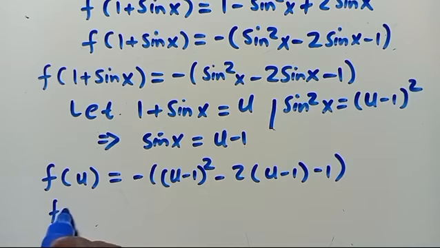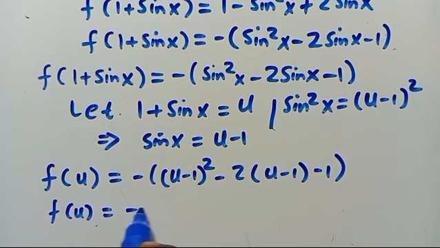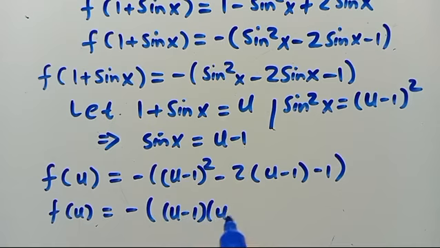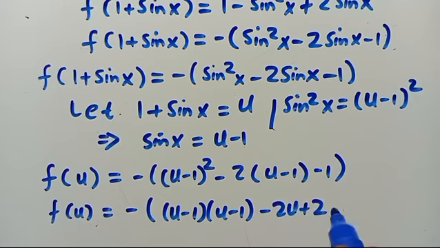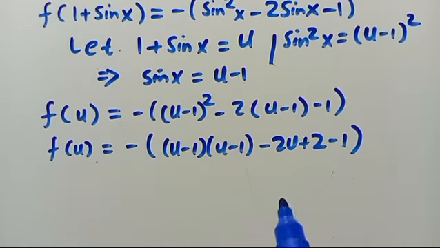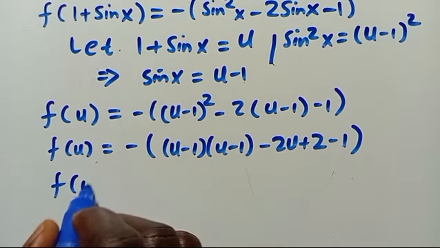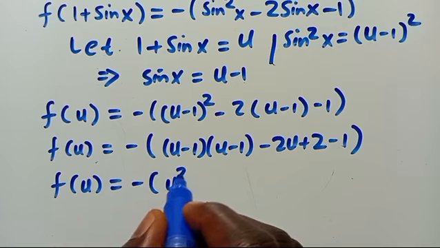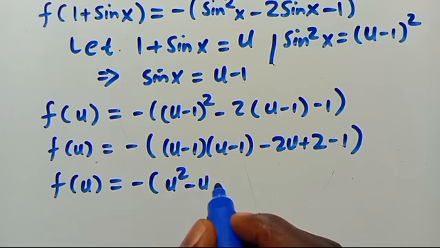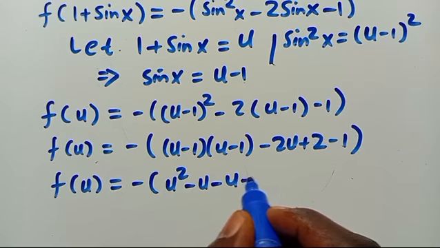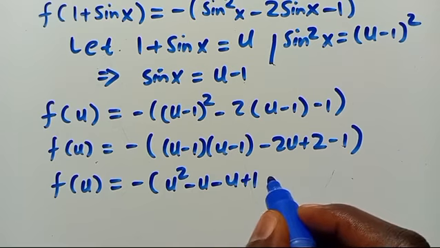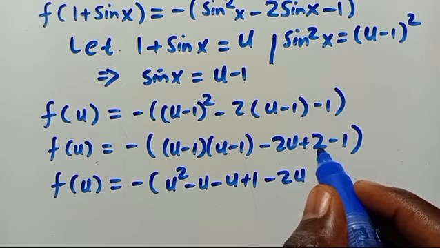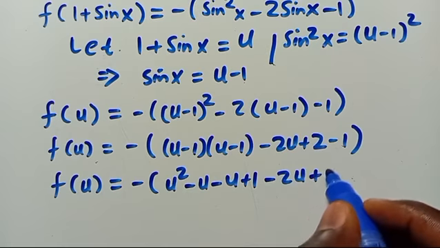So we have f of u equals minus, open parenthesis, u minus 1 times u minus 1. Here will be minus 2u plus 2 minus 1. So we have f of u equals minus into this times this will be u squared, this will be minus u plus 1, then this will be minus 2u, then this will now be plus 1.